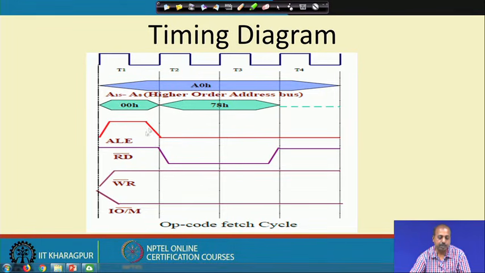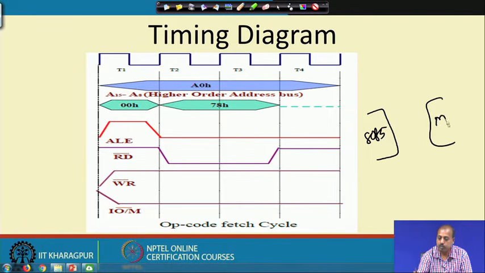Again, if this is the 8085 CPU and this is the memory, so far we have been able to set the address bus and give the read bar signal. When we give this read signal, the memory will put the data onto the data bus, which happens to be the lower order address bus itself. This 78 value, which is the content of the location A000 hex, is put onto the data bus, and then the processor will read it from the data bus.